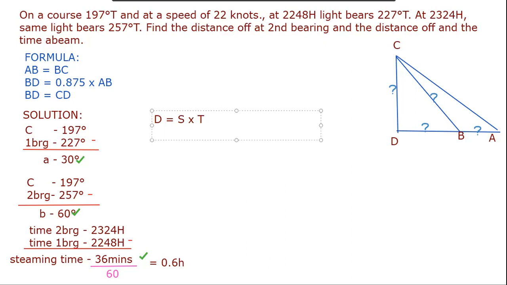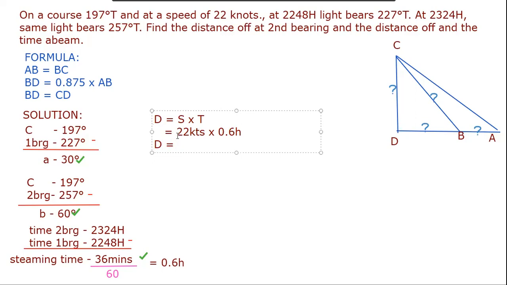Okay? So, lagay lang natin ang value ng ating speed, which is, ang takbo daw ng barko natin is 22 knots. Okay? So, multiply natin siya sa time. Anong time natin? 0.6 hours. Okay? So, ang distance is equivalent to how much?